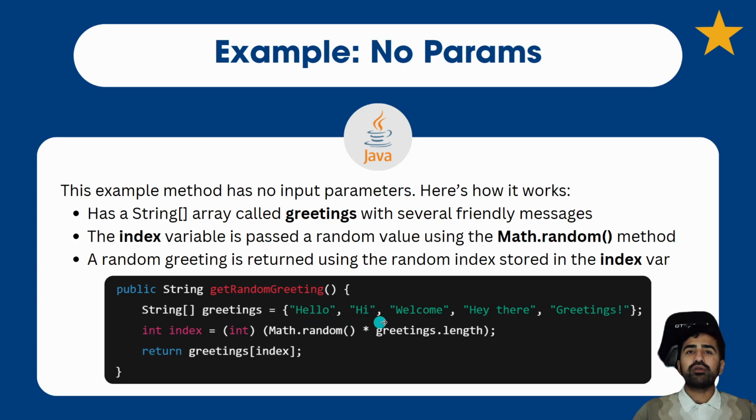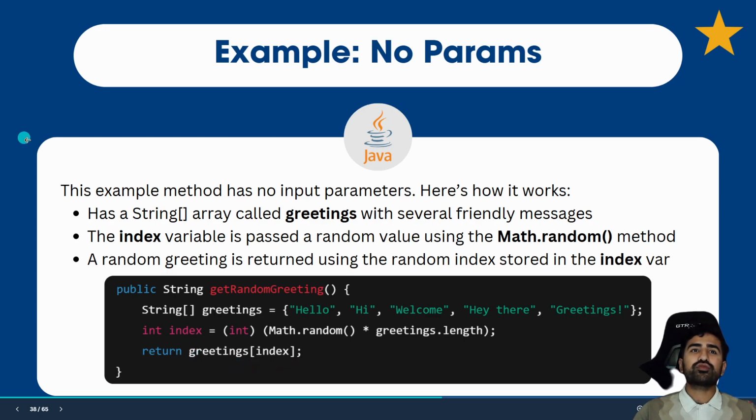It could be 0, 1, 2, 3, 4, 5. It could be index 4, right? Index 4 is for the fifth string here, greetings. Remember, it's 0 base. We start counting at 0, which is very, very confusing, I know. So yeah, this will give us a random greeting essentially. That's why we use the random index to actually return a random greeting.